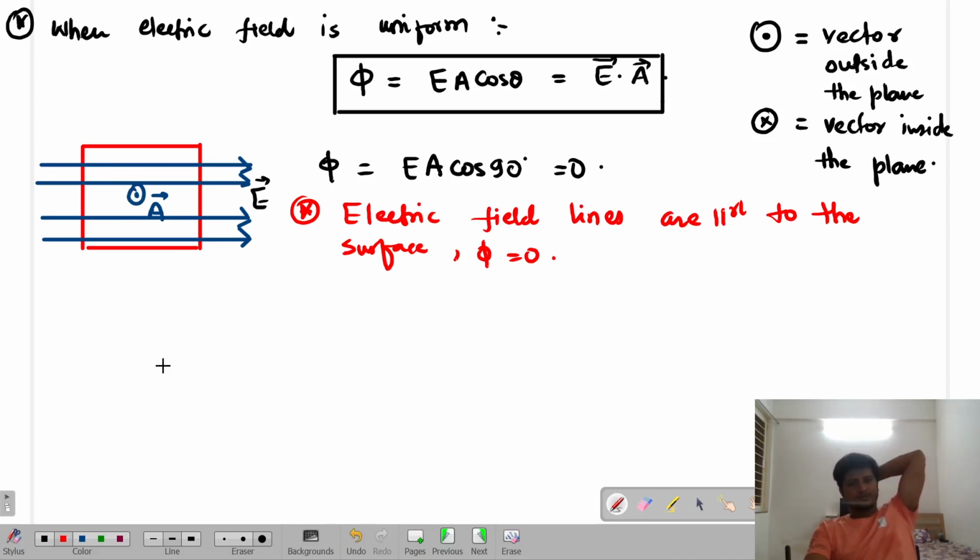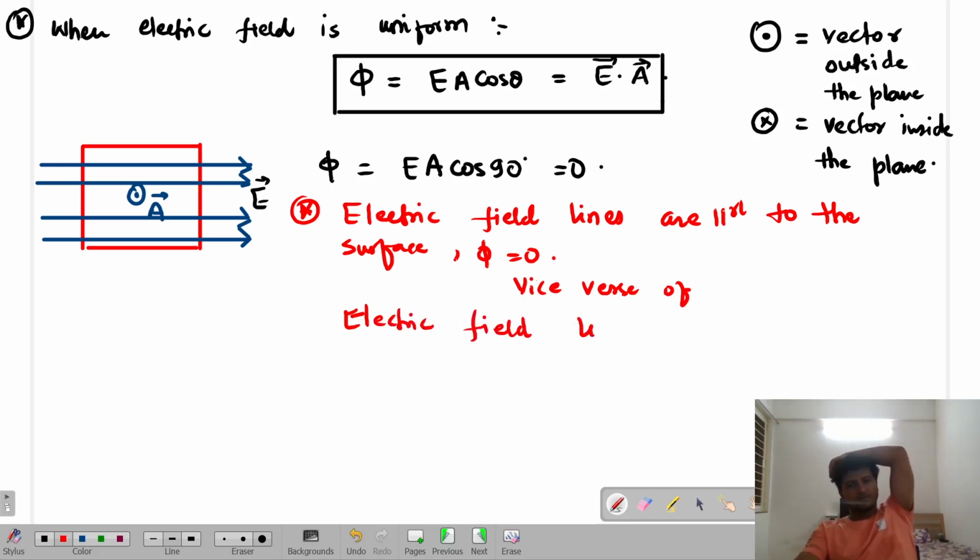So second side you can say, or vice versa, electric field lines perpendicular to the direction of surface.